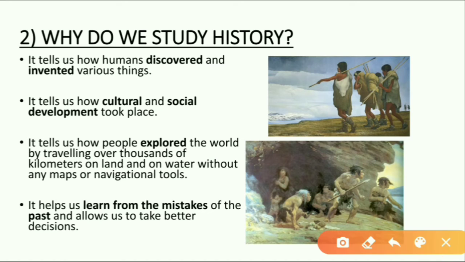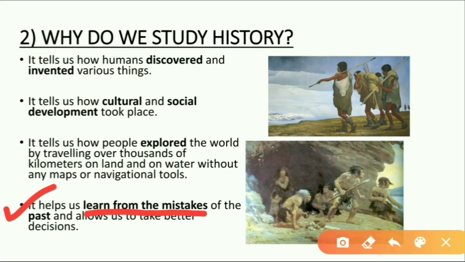Now, see the fourth point: it helps us learn from the mistakes of the past and allows us to take better decisions. It means that history helps us to learn from mistakes, whatever wrong incidents already happened in the past.